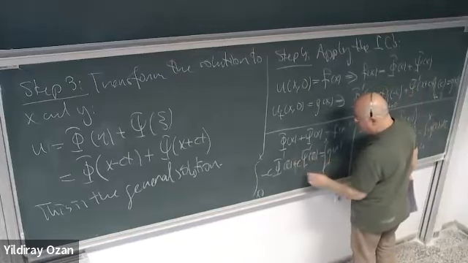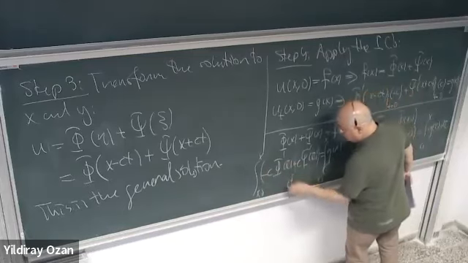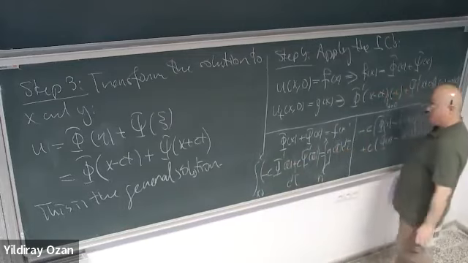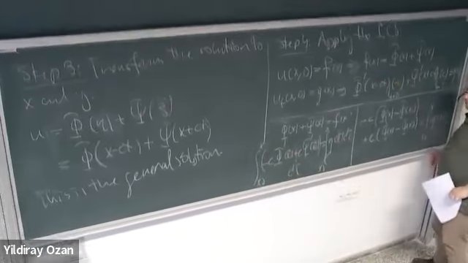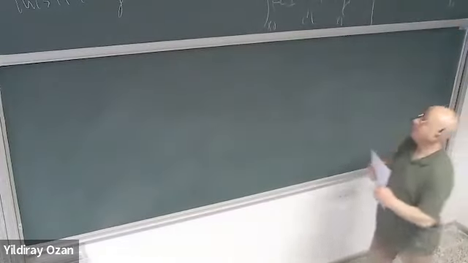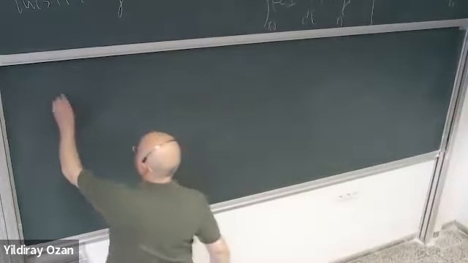Let's say tau, and then d tau, and here we have g tau d tau. Okay, so we get what? Let me rewrite.